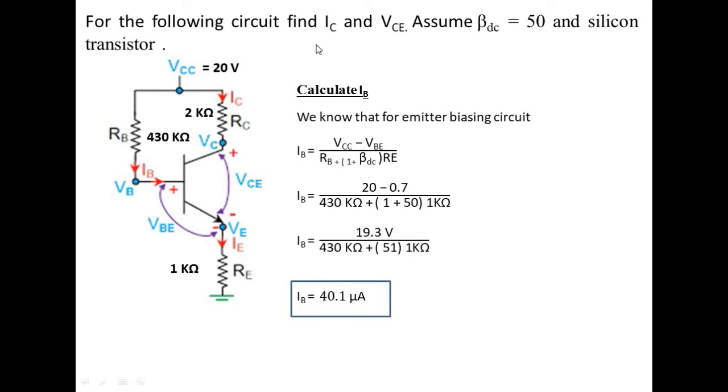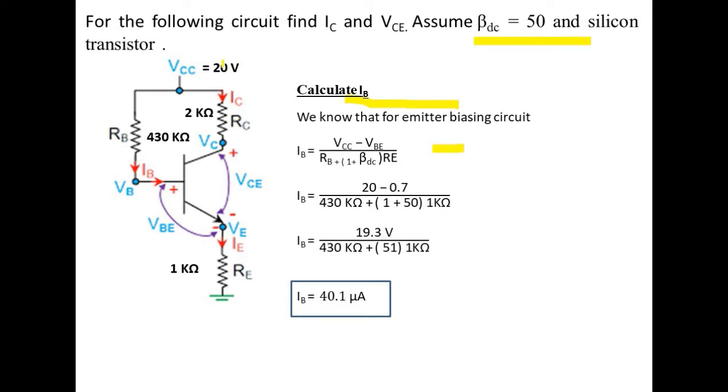Let us take one more example. In this figure, beta DC is equal to 50. For the input section we have to calculate IB. So we use the direct formula of IB: IB is equal to (VCC minus VBE) upon RB plus (1 plus beta DC) times RE.